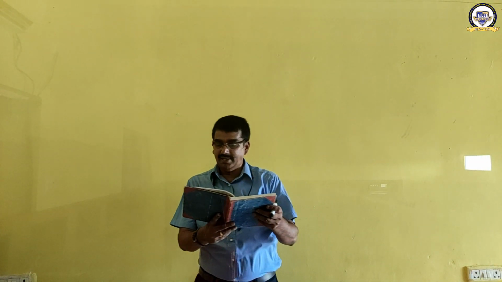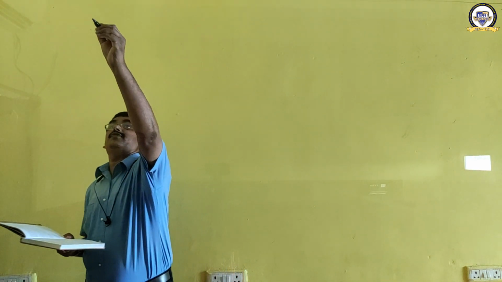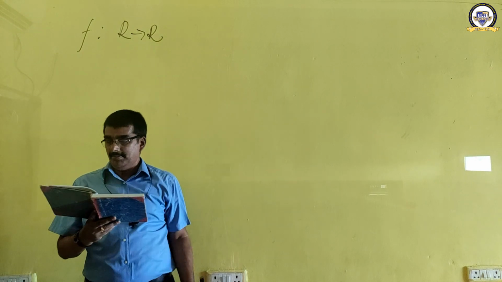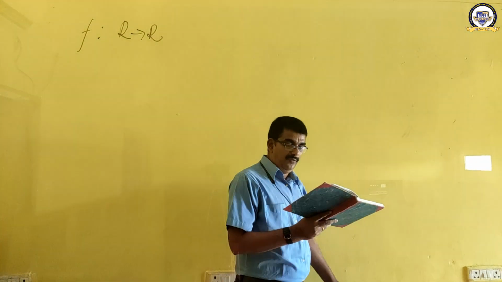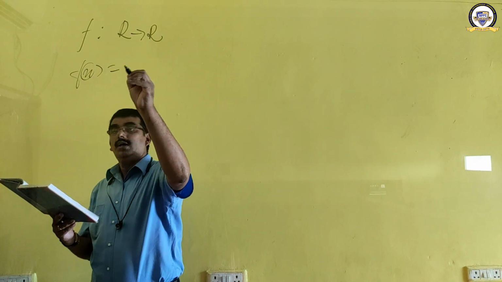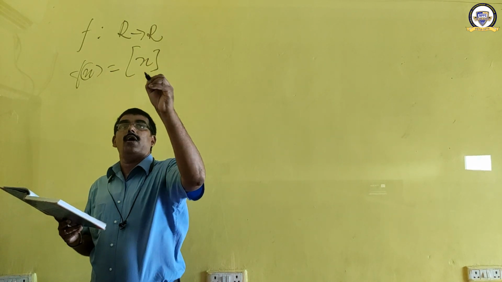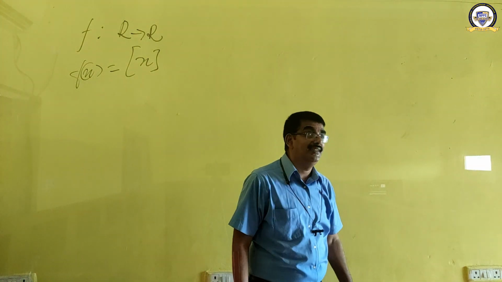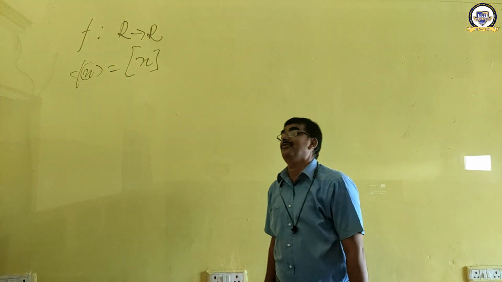Now with another question, that is the third one: prove that the greatest integer function f from R to R, real number to real number, given by the definition f of x is equal to square bracket x, which you studied in 11th standard, is a greatest integer function.